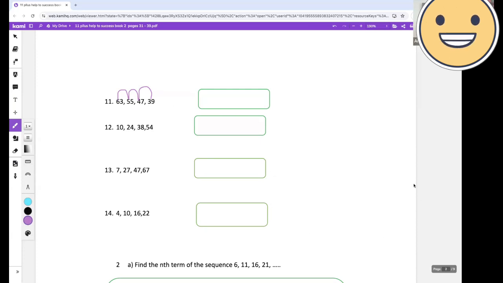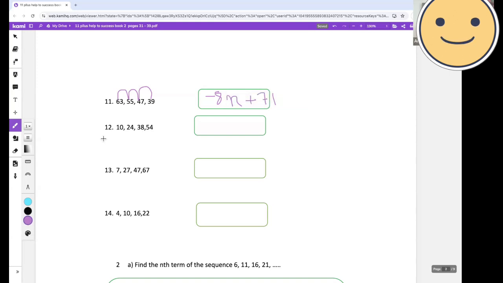Anybody else? Ria, want to give the answer? Is it minus 8 plus 8n? Don't forget your n's. Minus 8n plus 71? Yes, good. Got it right. It's minus 8n plus 71.